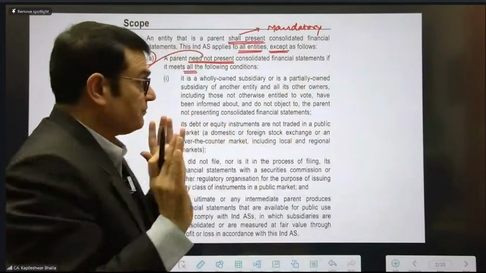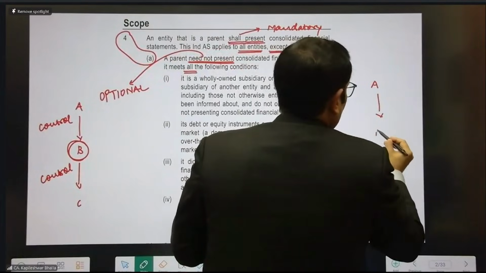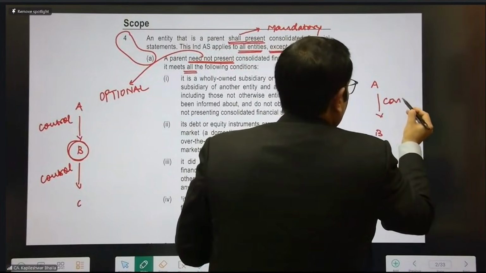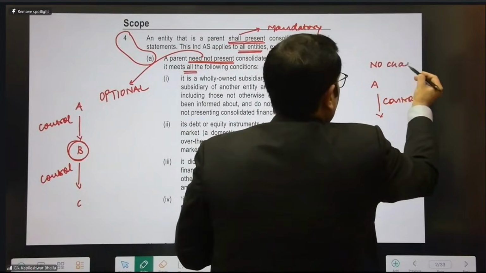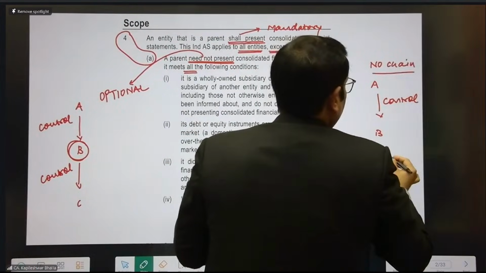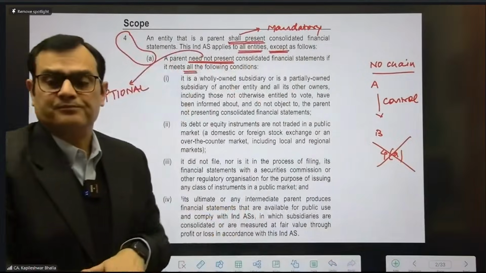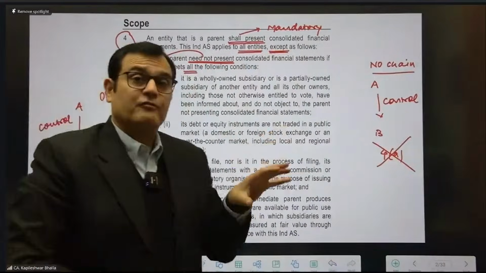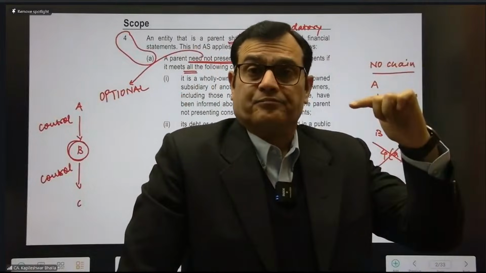In other words, if A has got control over B, that's it. There is no chain in this particular case. Trust me, para number 4A cannot apply in this case. The concept of para 4A's choice option can be applied only when you get a chain.